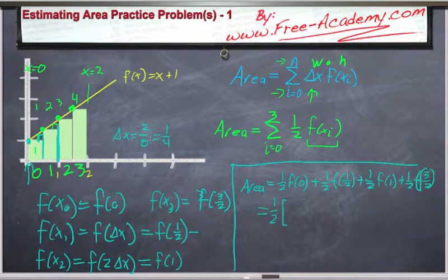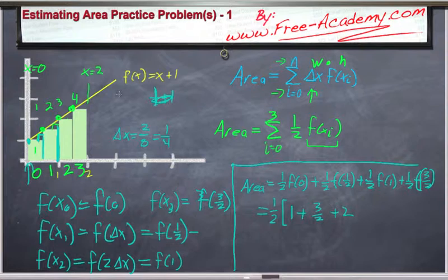F of 0, because our function is f of x plus 1, this will be 0 plus 1, this will be 1. Plus f of 1/2, so 1/2 plus 1 is 3 halves. F of 1 is 1 plus 1, that's going to be equal to 2.